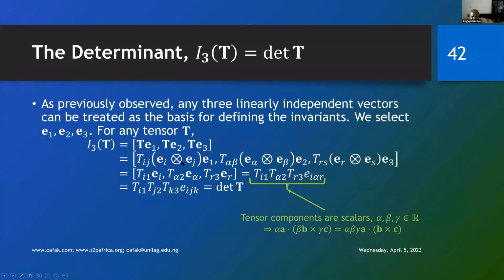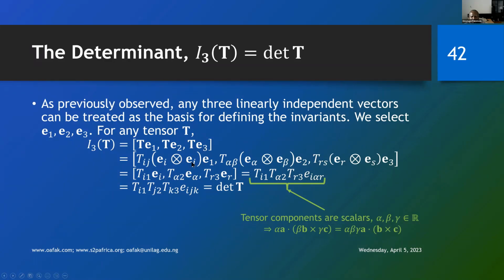If you open these ones, you see that there is a circle times here. So this one will be Ej circle times E1. So that's delta J1. Delta J1 will only be equal to E1. So if you do that, then that gives you Ti1 Ei here.